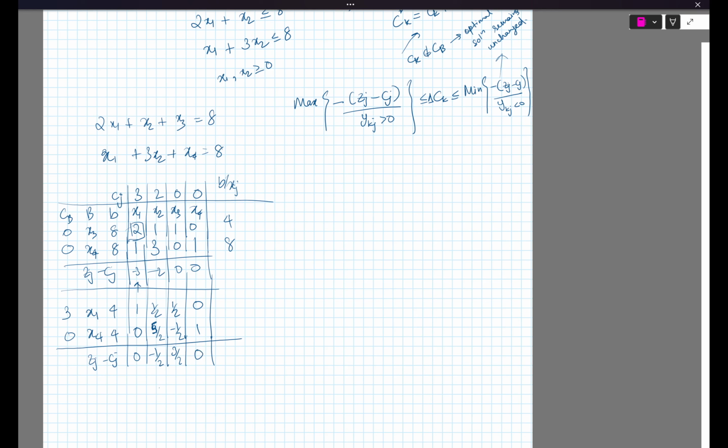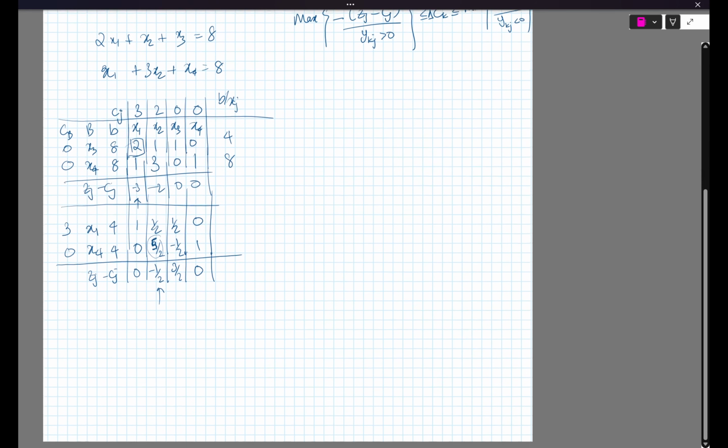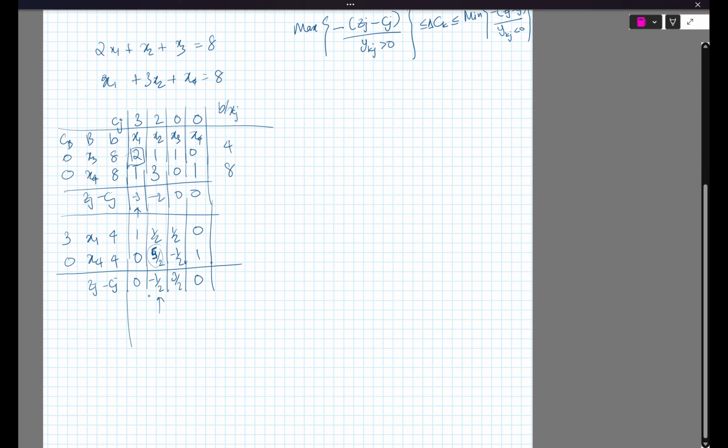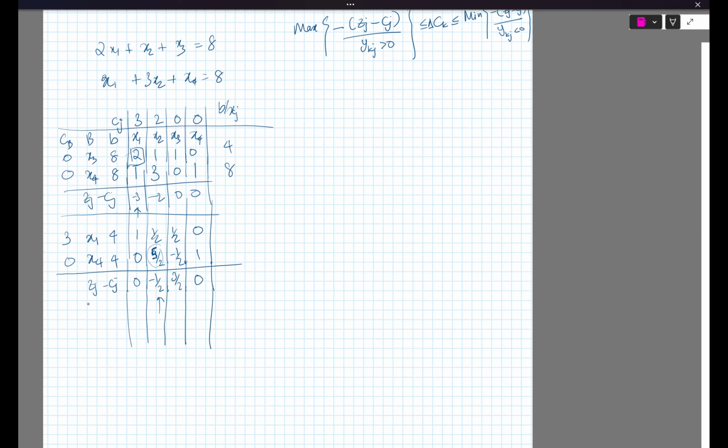So this is there, and we can change this one because we know x2 can come into the basic set. So I have x1, x2.